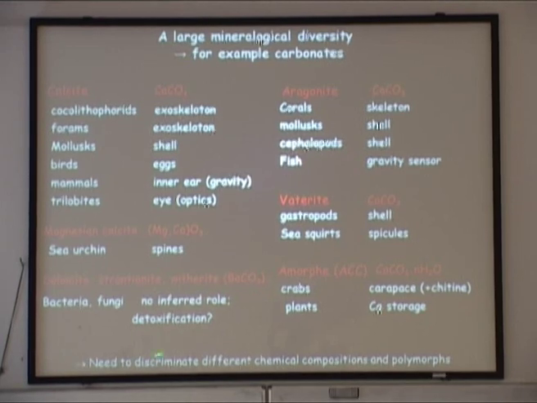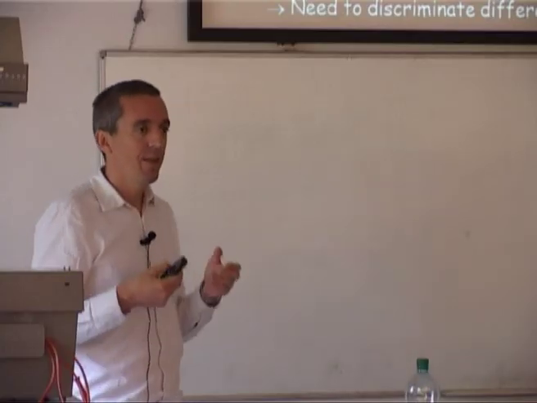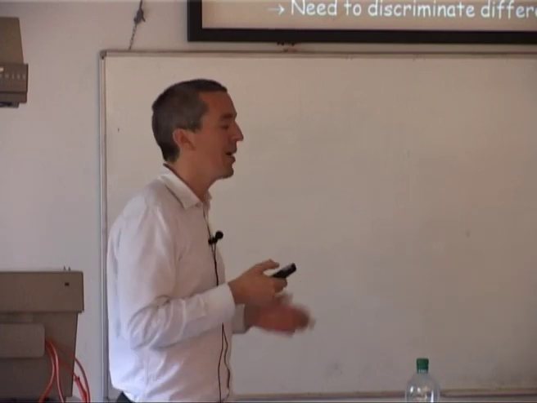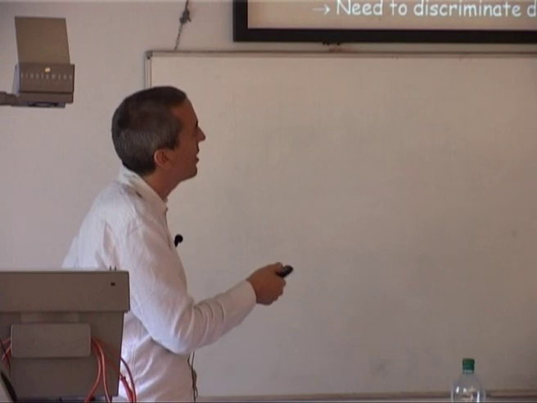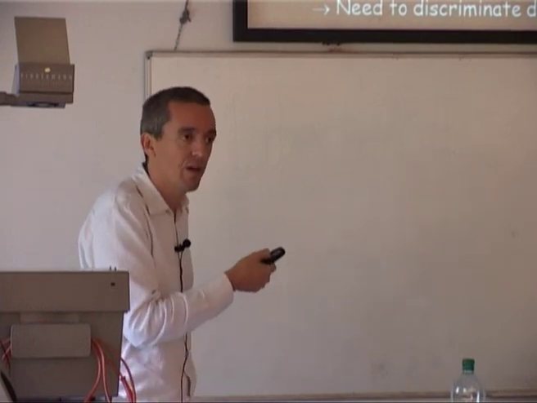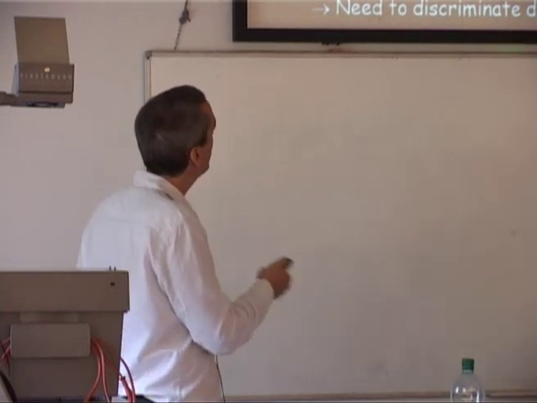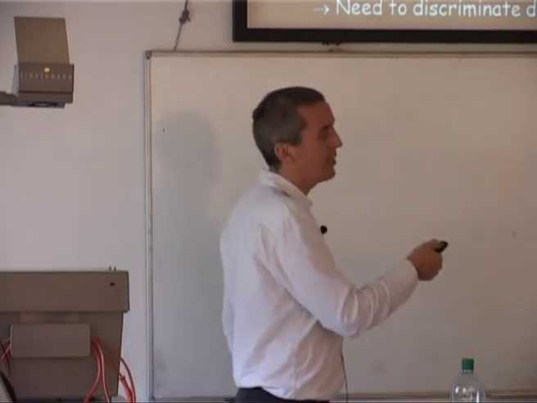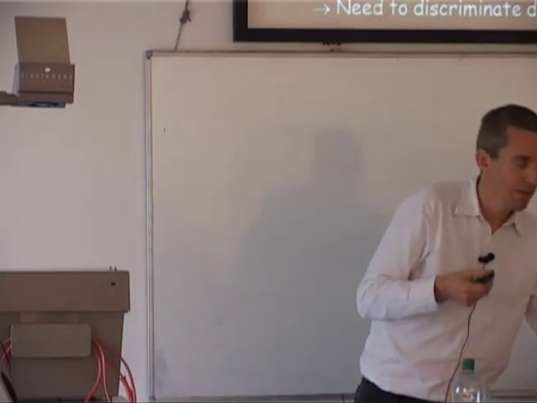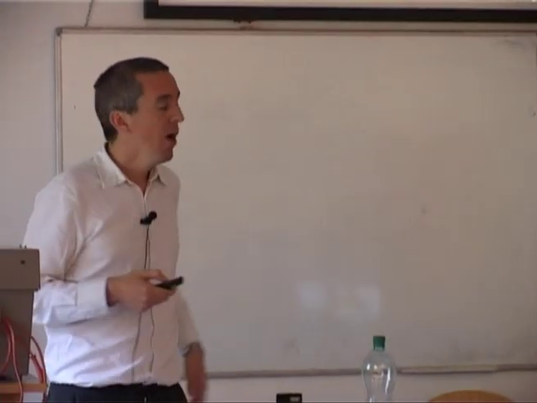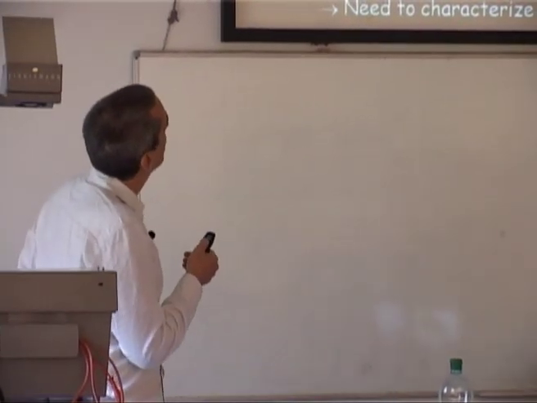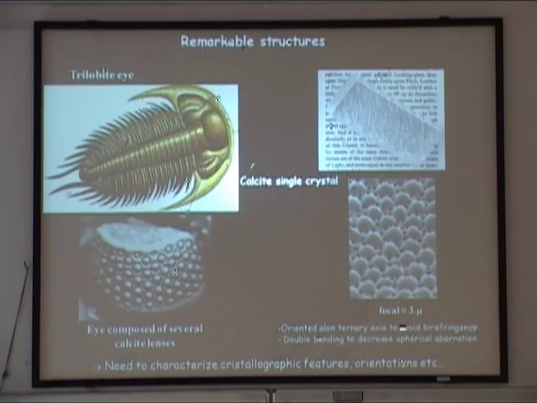composition. So if we want to understand the formation of minerals by organisms, we need to be able to study the chemical composition and the structures of these minerals in the system. So we need to be able to discriminate between different minerals formed by these organisms. One nice example is provided by this trilobite.